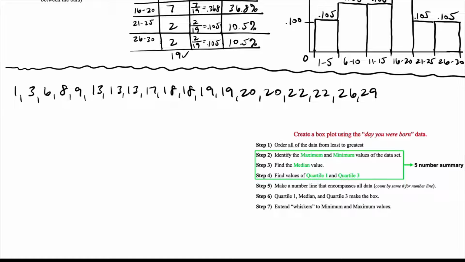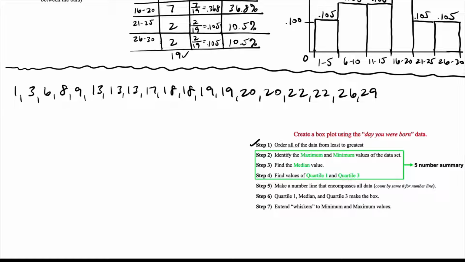If there's 2 18s, we have 2 18s written, because it represents a person. If I take away one of those 18s, it might not seem like that big of a deal, but that's a person. So we want to make sure that we have all of this data. That's the first step when you're doing a box plot.